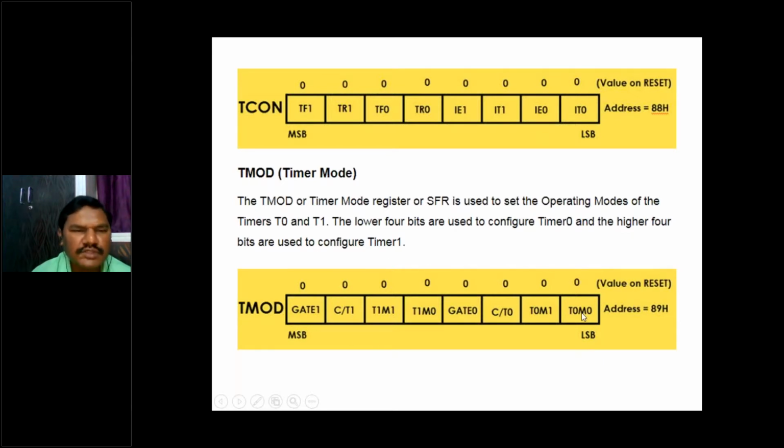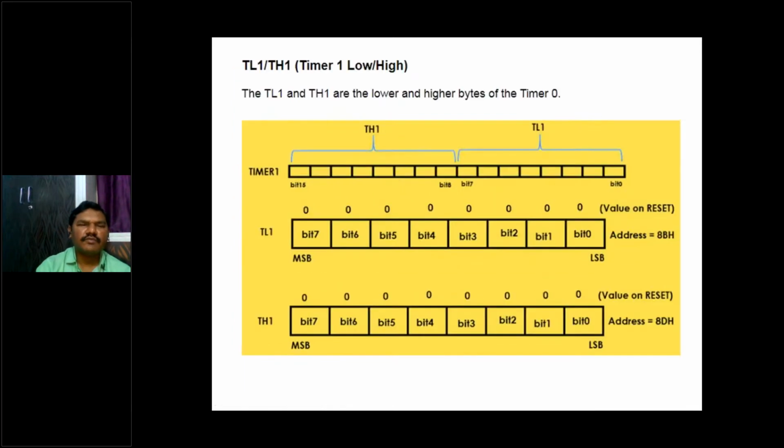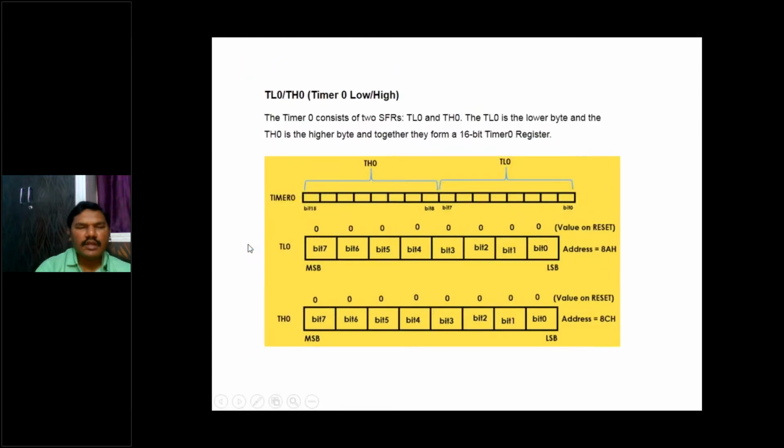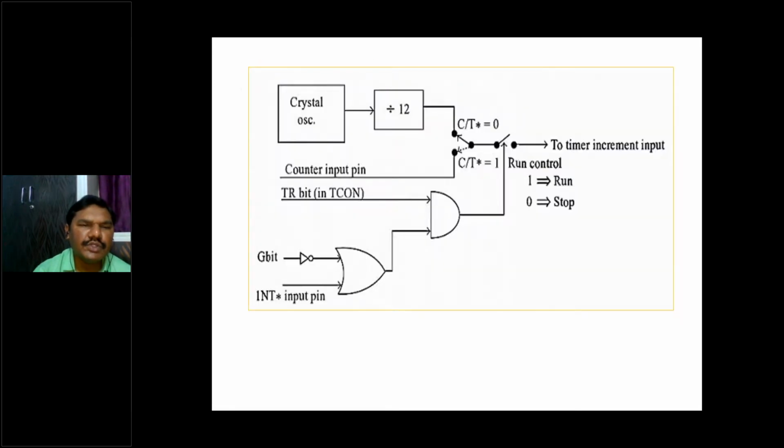How are TL1 and TH1, and TL0 and TH0 available? You know that there are two timers in 8051, T0 and T1. These can be available with 16 bits, but internally as 8-bit registers TL0 and TH0.